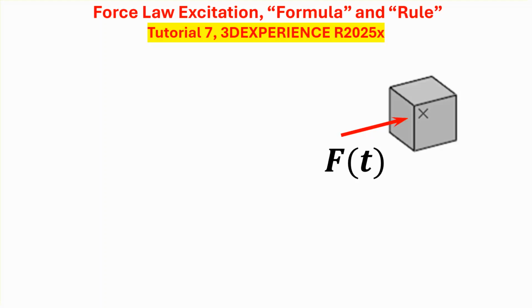And this is going to accelerate. And I did a problem like that in tutorials 4 and 5, except that the force was constant. I want to show you what happens if the force is not constant. It's a function of time, and you want to input that within the platform.